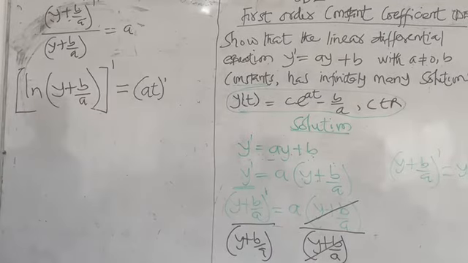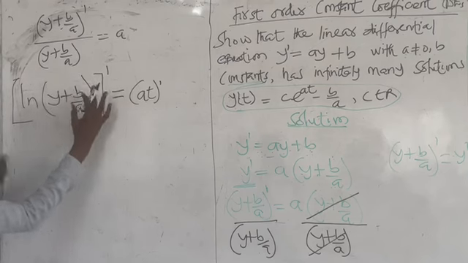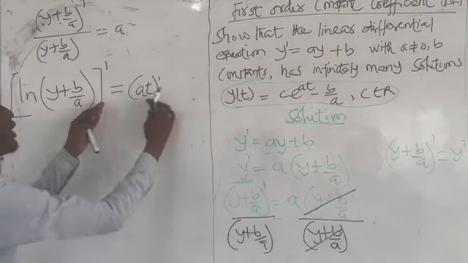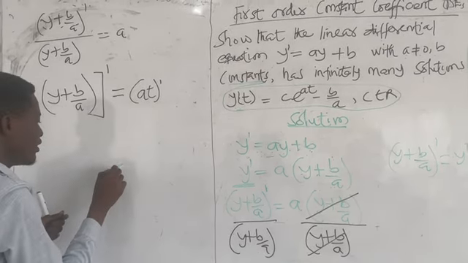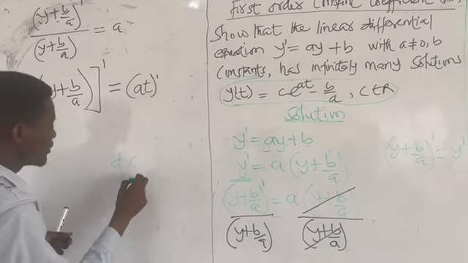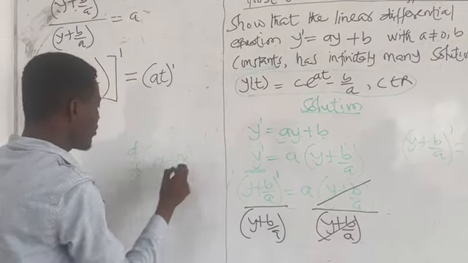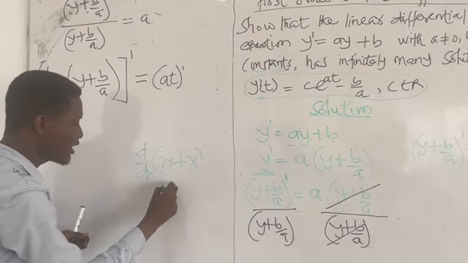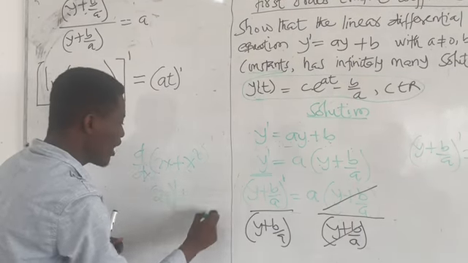From here, since the left hand side has a derivative and this one has a derivative, don't forget that if you have the derivative of 2x plus x squared, you can say that it is the same as 2x derivative plus x squared derivative.